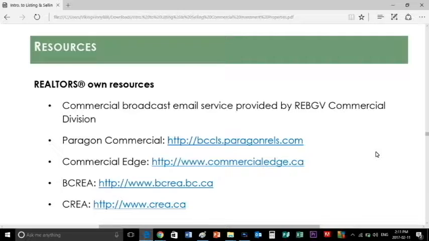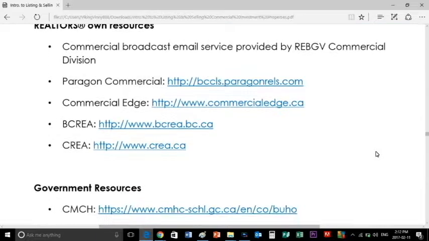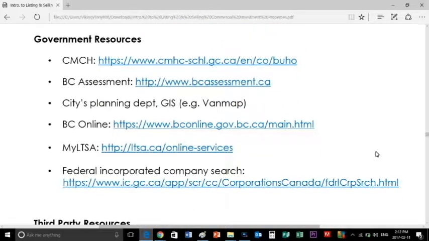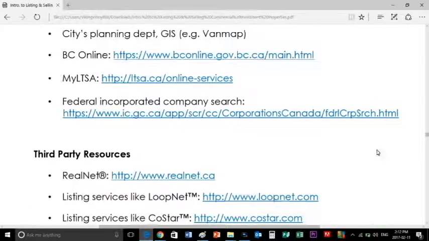So we have some resources here. Realtors' own resources. The commercial broadcast email service provided by the REBGV Commercial Division, Paragon Commercial, Commercial Edge, BCREA, CREA. Government resources. We have the CMCH, BC Assessment, Cities Planning Department, the GIS, or in Surrey we have Cosmos, BC Online, MyLTSA, Federal Incorporated Company Search.